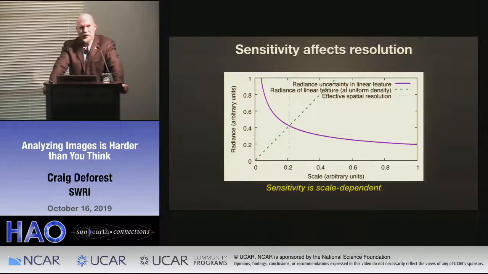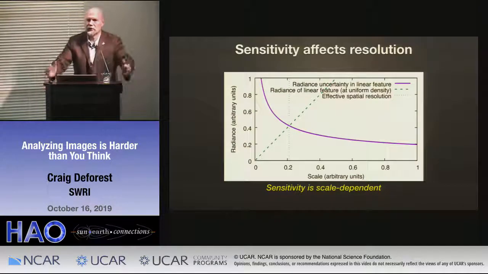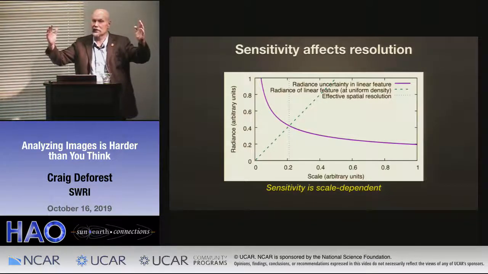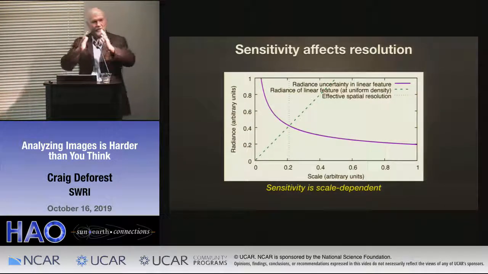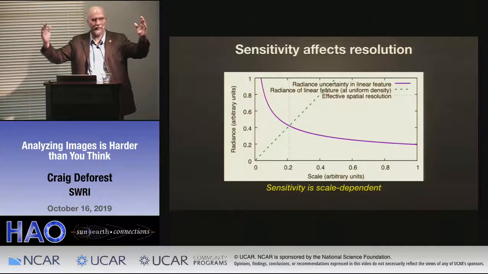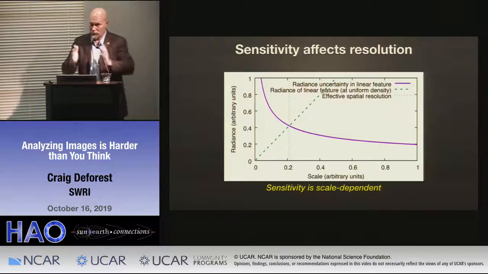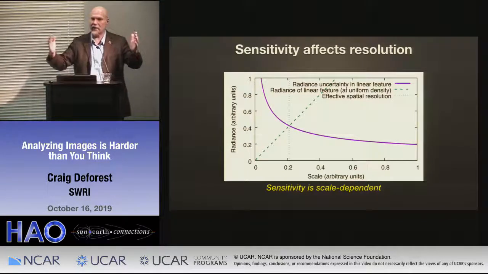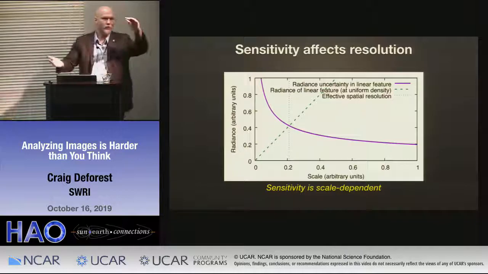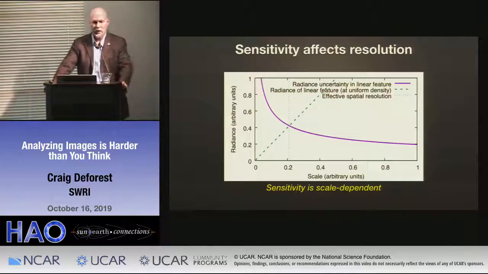So the idea here is if you have a feature with a certain brightness, a radiance, the larger the feature, the more pixels it has in it. So if there's a certain background noise, the more pixels you average over, the lower the average noise. We all know that. It goes down like the square root of the number of pixels. So the total photometric noise drops linearly in the size of the feature, if the feature is more or less the same shape.